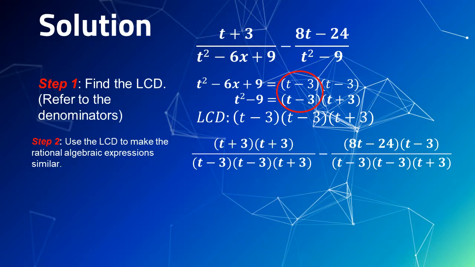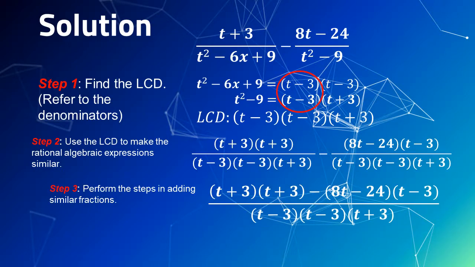That is t minus 3 times t plus 3 divided by this one. The remaining value will be t plus 3, and t plus 3 will be multiplied to t plus 3. The quotient will be multiplied to the numerator, and the product is t plus 3 times the quantity of t plus 3.